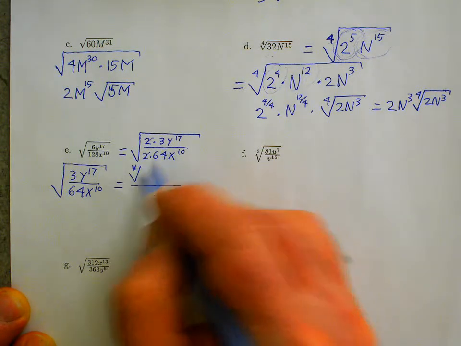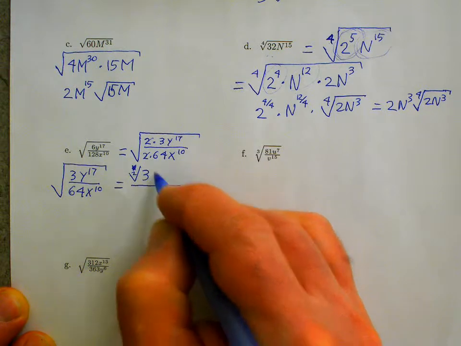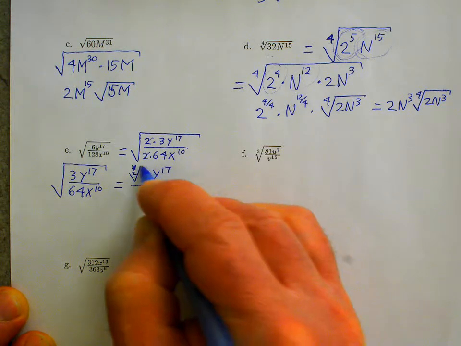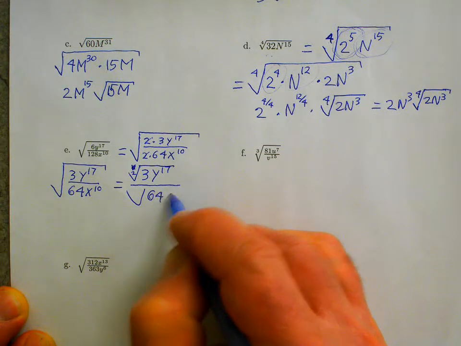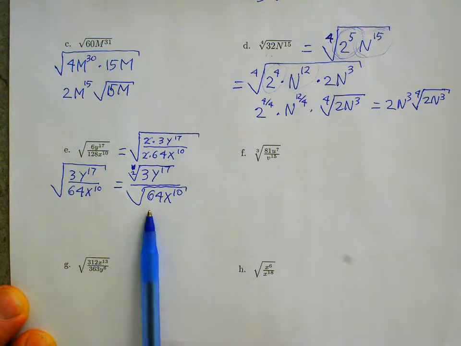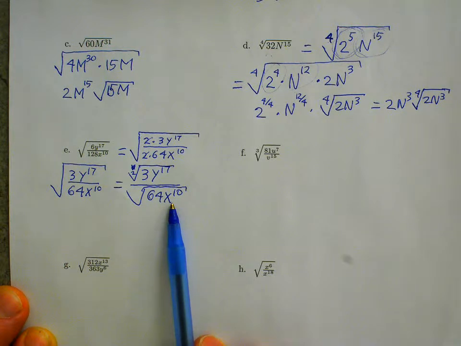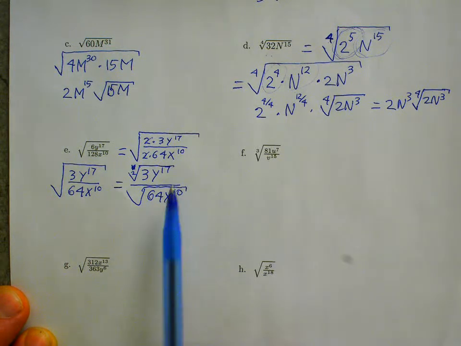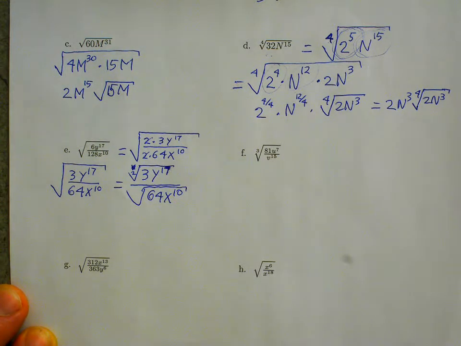So the index is 2. You don't need to write the index 2 when it's 2. The denominator simplifies pretty nicely because both 64 and x to the 10th are perfect squares. And there's a little more work to do in the numerator.